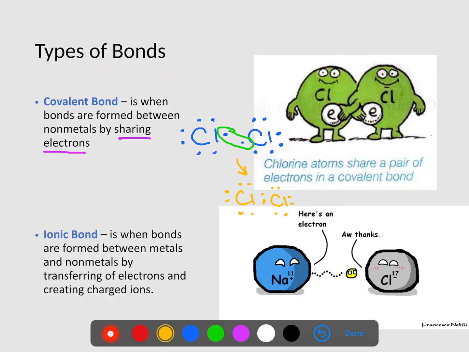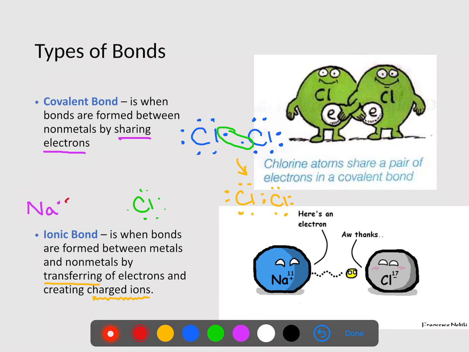Now ionic bonds is when these molecules transfer electrons. And what we do is we're creating charged ions because those molecules are transferred. So over here, let's just say we have sodium. Sodium has 1 valence electron, and chlorine has 7, like I showed above.